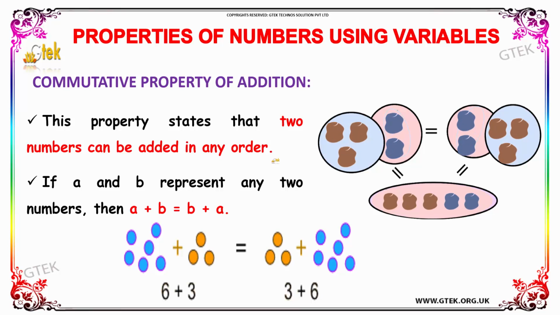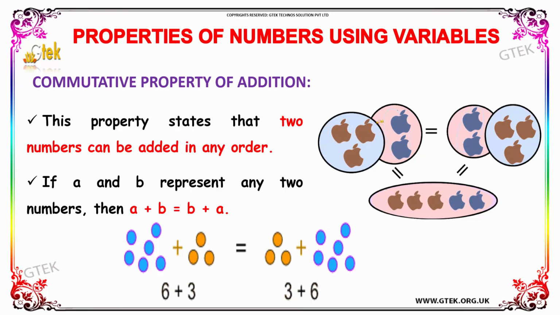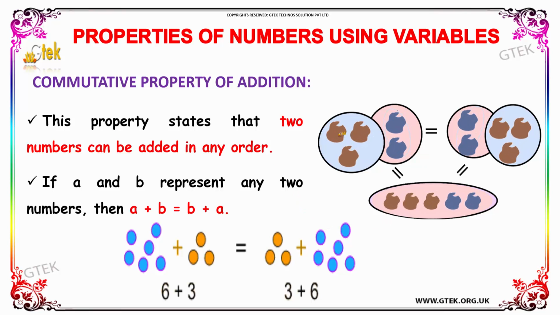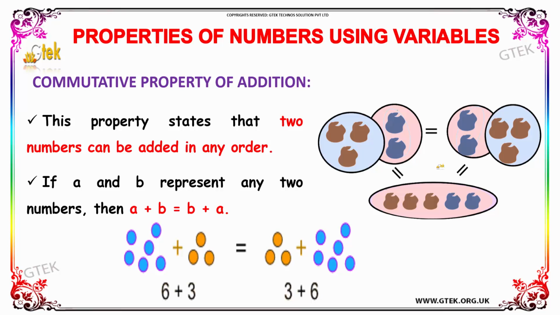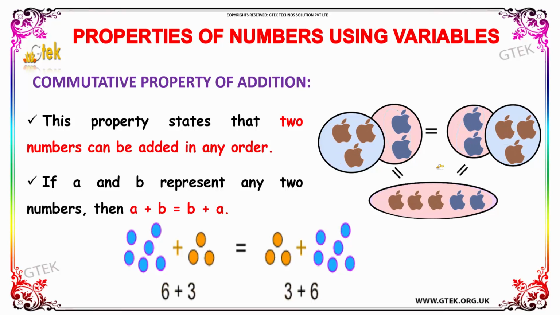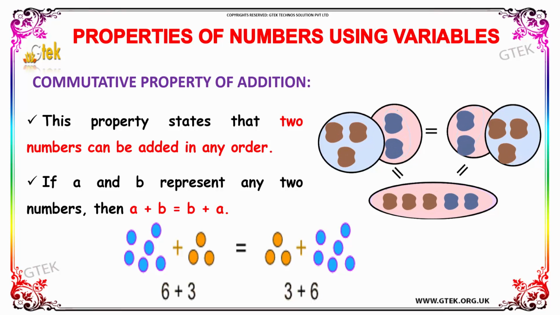Now let's see the properties of numbers using variables. The first and foremost property is the commutative property of addition. This property states that two numbers can be added in any order. The two numbers, we can consider them as A and B, represent any numbers.